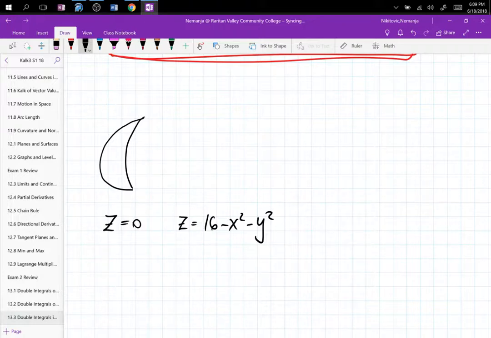So the stencil is going to bring those walls straight up, but then those walls will be capped by z equals 16. So it's a paraboloid that starts at z equals 16, and then it goes down, right? And the moon underneath goes straight up.